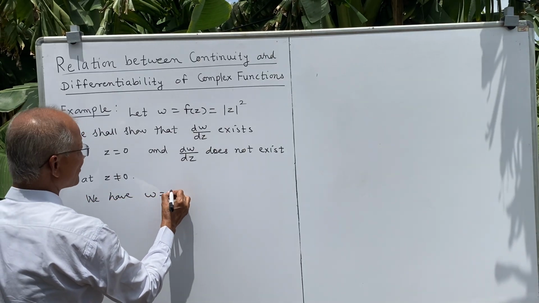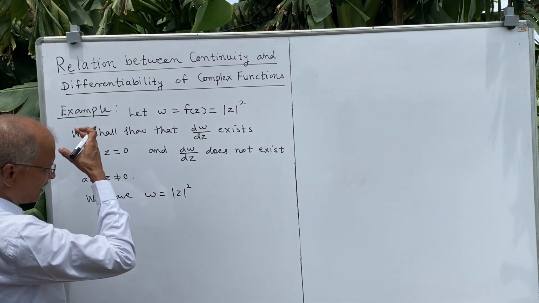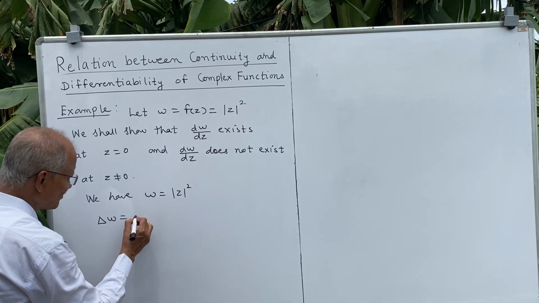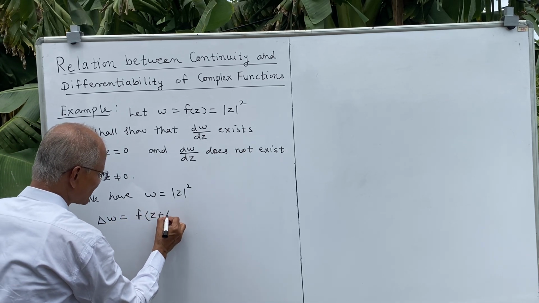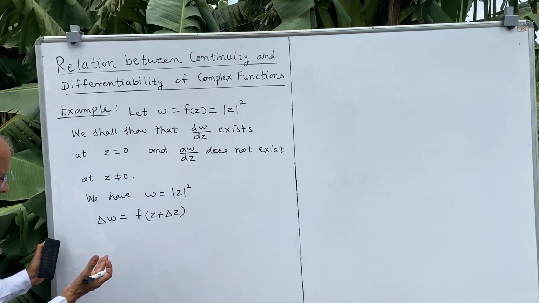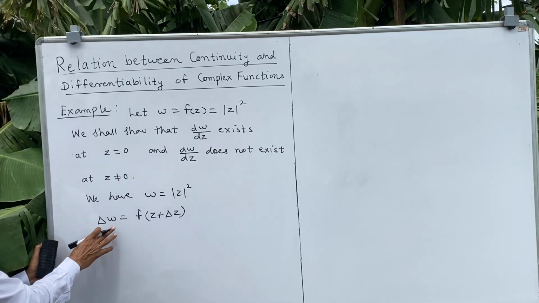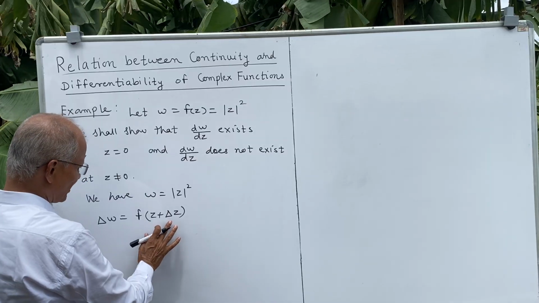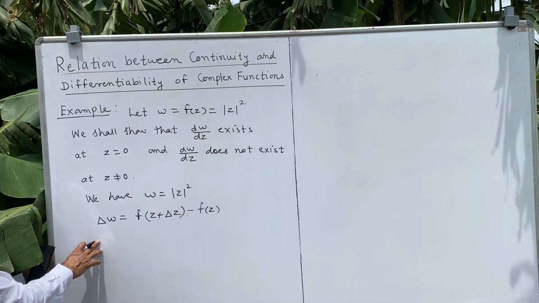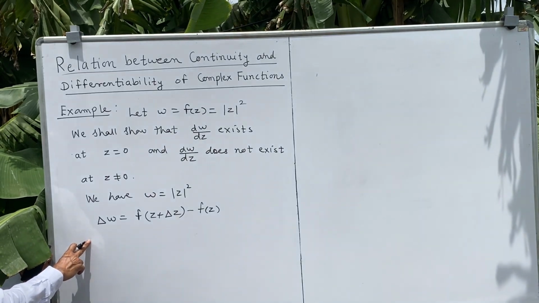So, we have w is mod z whole square, and therefore we shall find delta w. Delta w is f of z plus delta z minus f of z. In the definition of derivative, we used the notation delta w and delta z for increments, and if this is divided by delta z, its limit as delta z tends to 0 is the derivative.